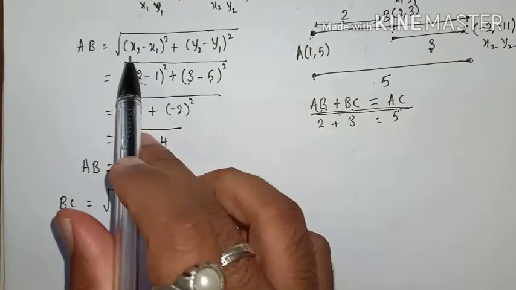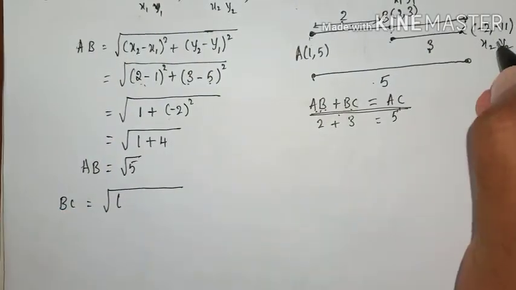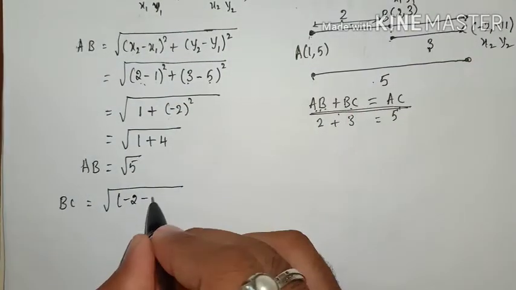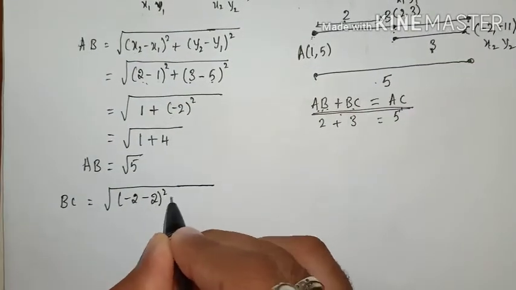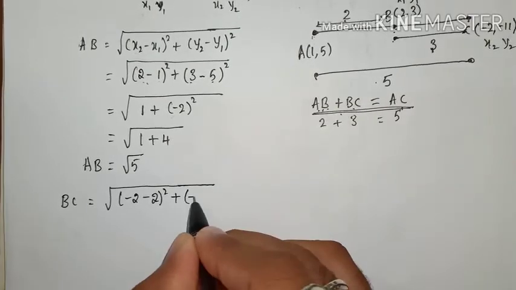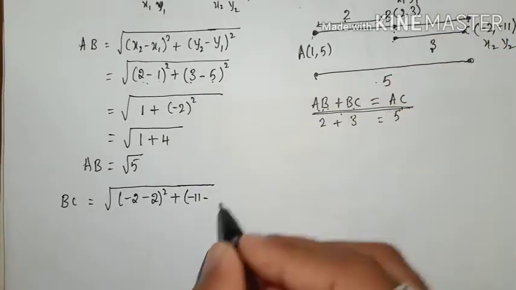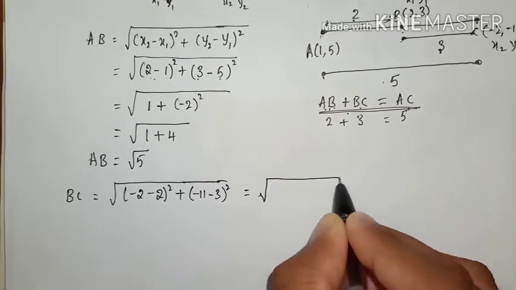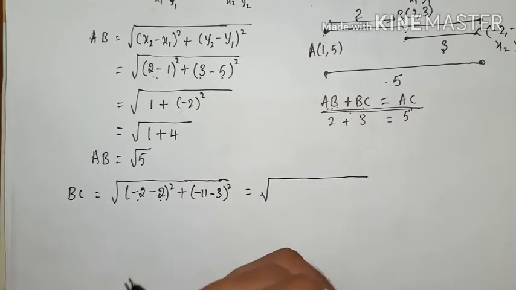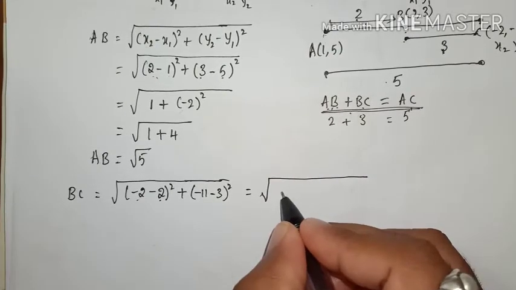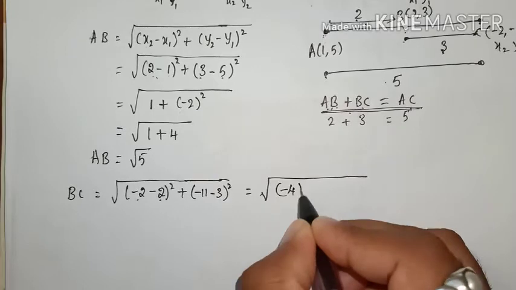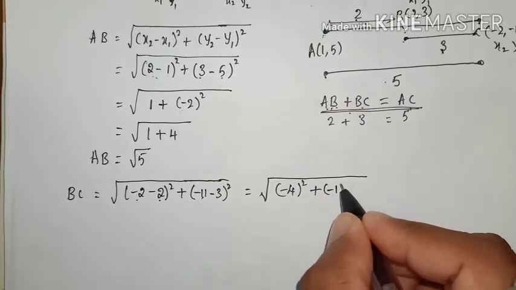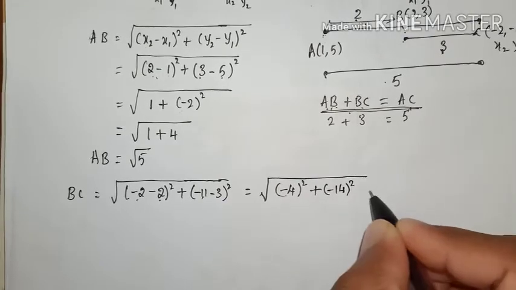Directly I'll write, because we have the formula here itself. x2 is minus 2, minus x1 is 2, whole square, plus y2 is minus 11, minus y1 is 3, whole square. Okay, so now square root of (minus 2 minus 2, that is minus 4, whole square) plus (minus 11 minus 3, that is minus 14, whole square).